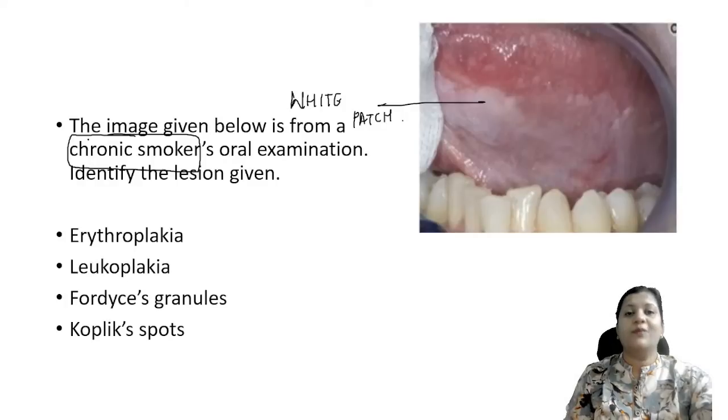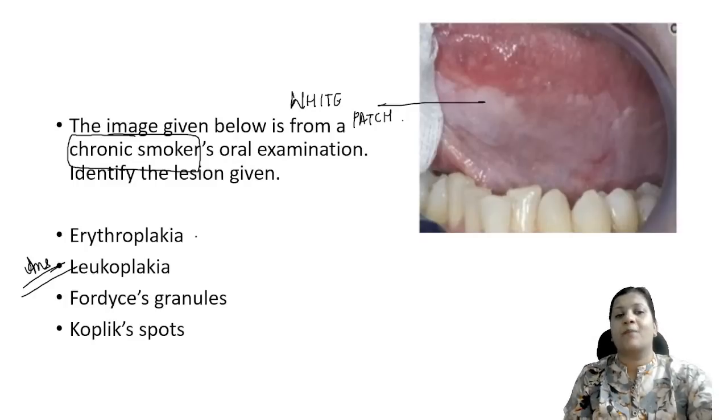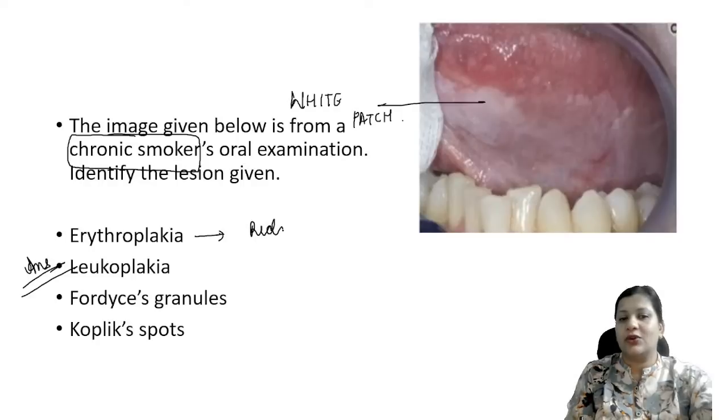Good, all of you. The image that is shown to you is very specific, and the answer is leukoplakia. Erythroplakia will present as a reddish patch, not a whitish patch.